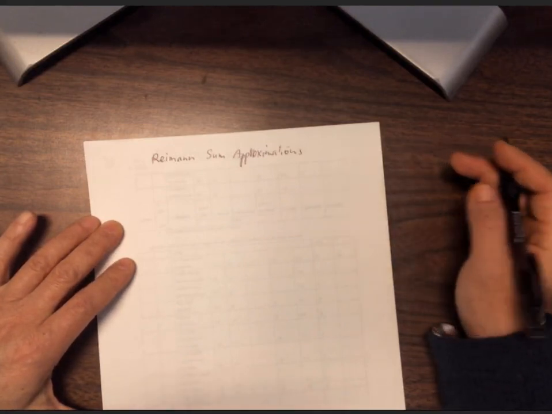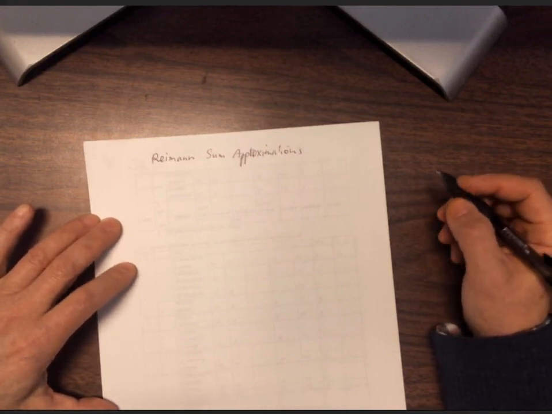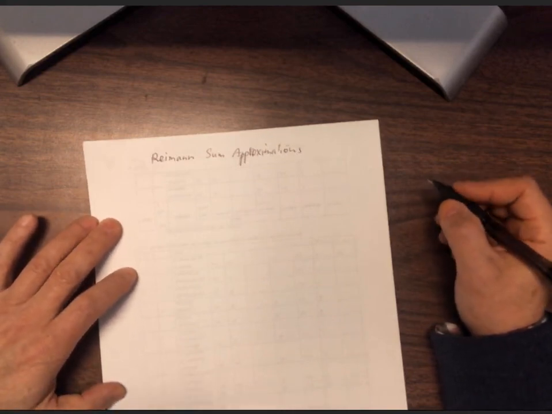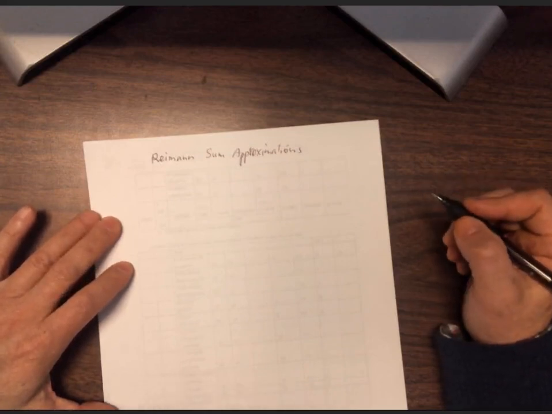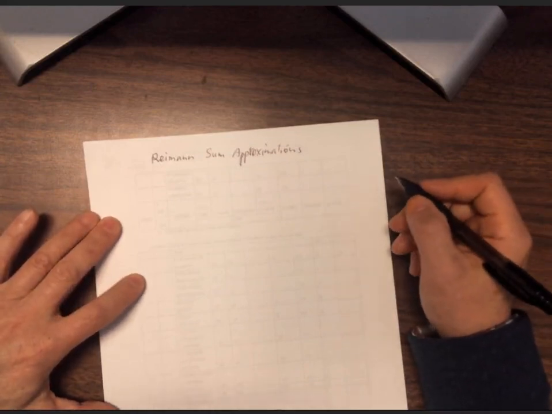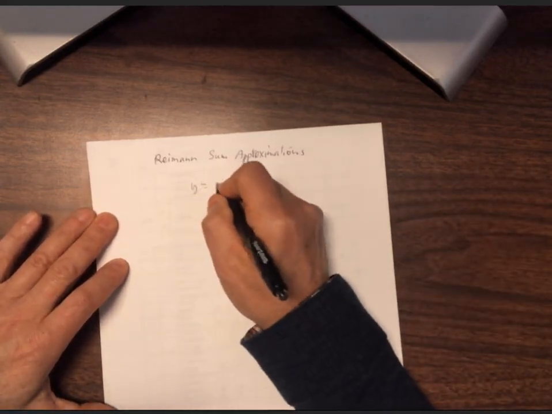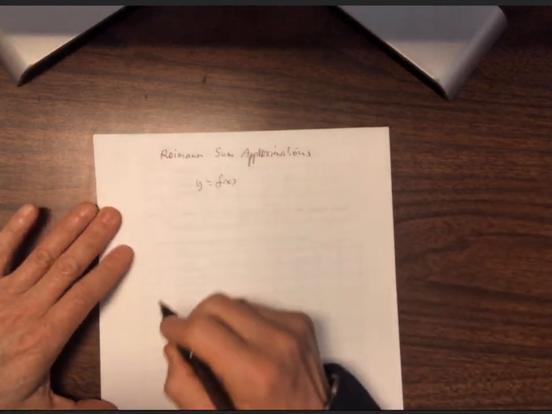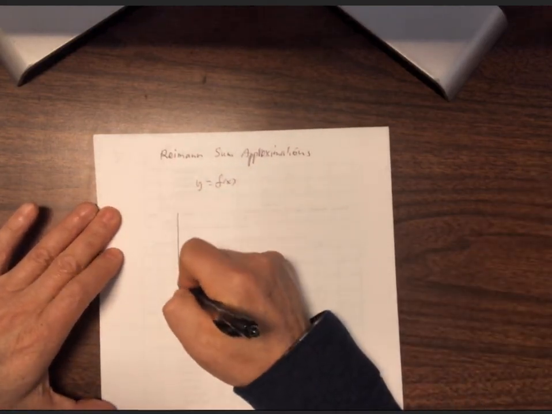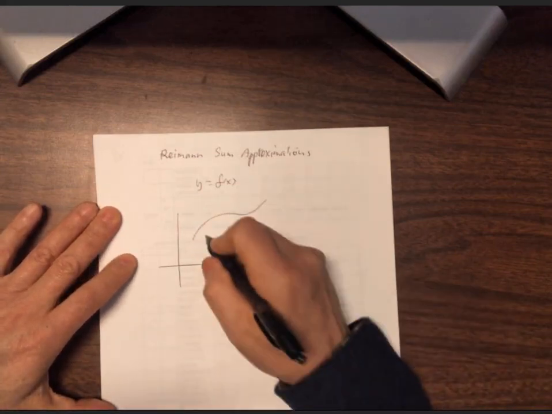So before we see additional Riemann sum applications, I want to review what was done with the Riemann sum and how it was done. Given a function of x, suppose this is the graph.